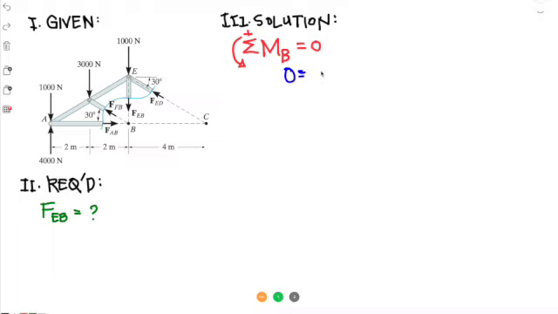So that's 3,000 times 2, that's 6,000 Newton meter. That's this one. We also have a counterclockwise moment from 1,000 newtons times 2 plus 2, that's 4 meters, so that's plus 4,000 Newton meter.